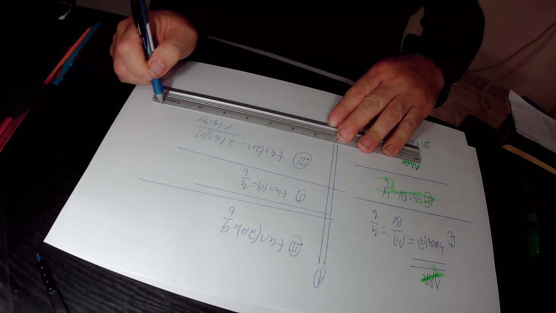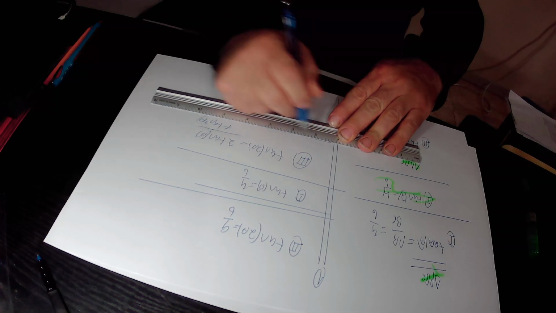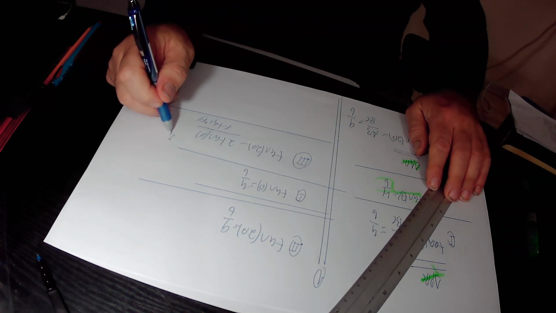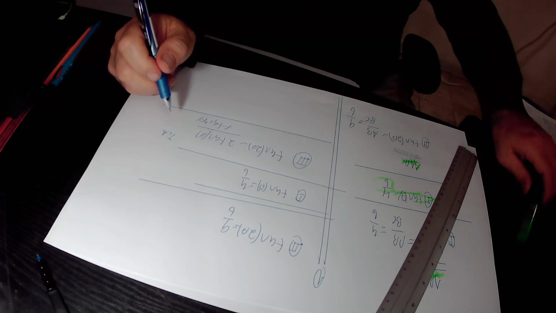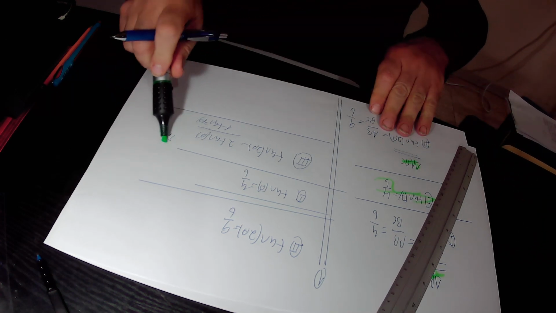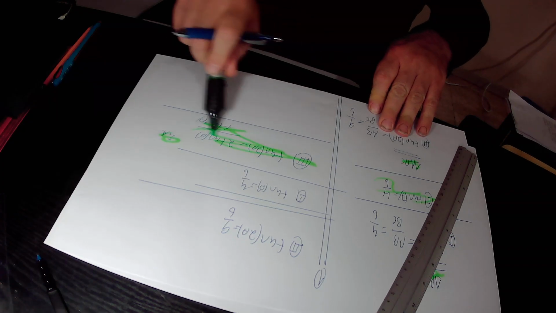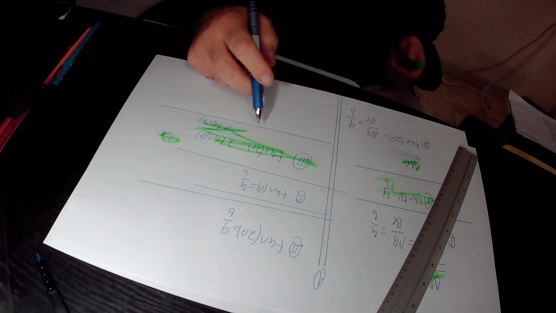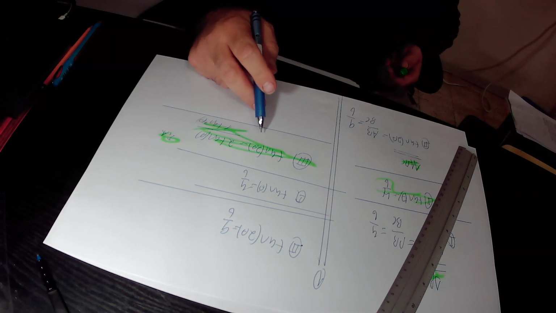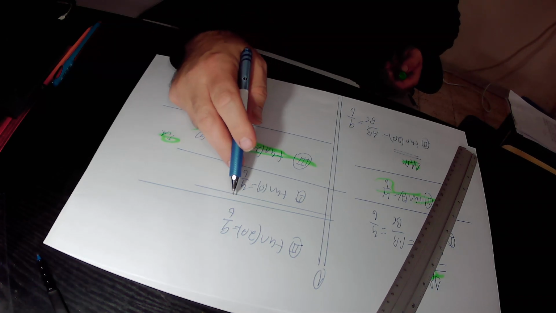This is equation 3, the trigonometric identity. So here, we substitute tangent 2 theta in this trigonometric identity by 9 over b.